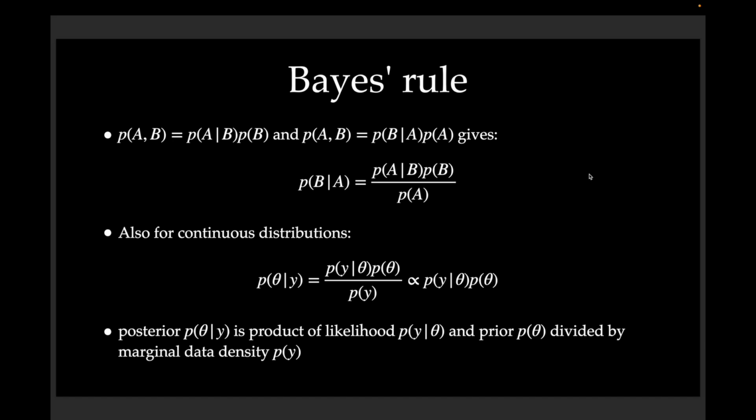And Bayes' rule also works for continuous distributions. So we have the posterior distribution right here, we have the likelihood right here, and the prior right there. And in the denominator, we have the marginal data density, which is not a function of the parameters. So in terms of estimation, I don't really care about this, but I want to look at this posterior distribution. So this is the proportional to sign.